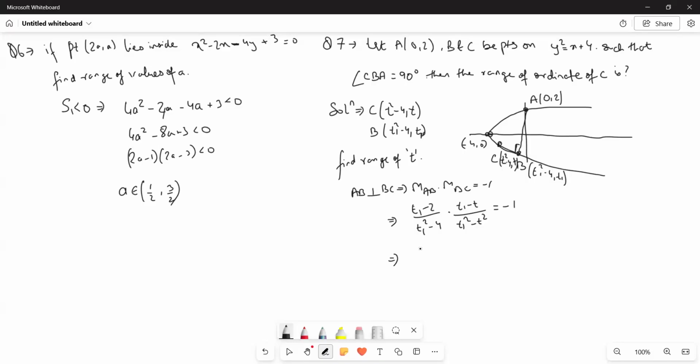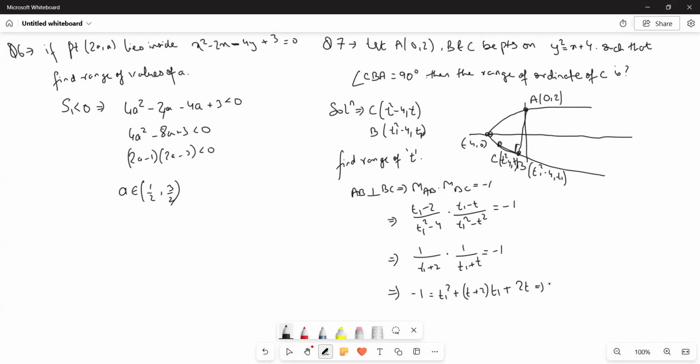When you simplify, this cancels and we get 1/(t1 + 2) times this cancels and gives 1/(t1 + t) equal to −1, which simplified will give us a quadratic in t1. Shift the −1 over: 1 equals −(t1² plus this times this gives t1 plus 2t1, so t plus 2 times t1, and 2t).